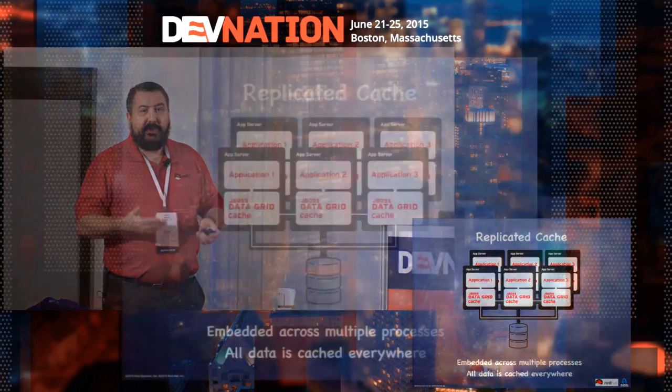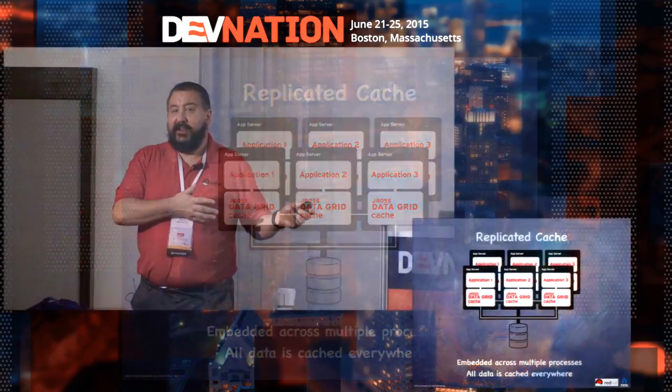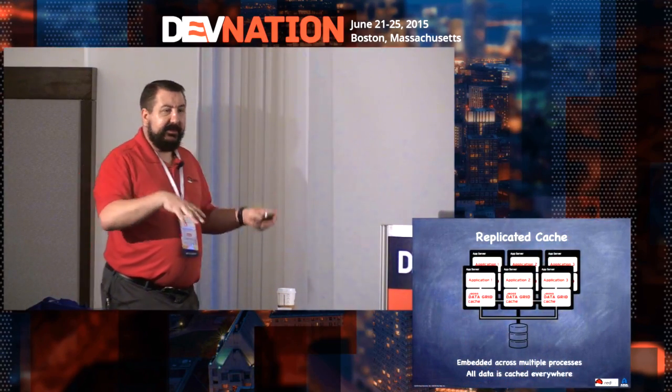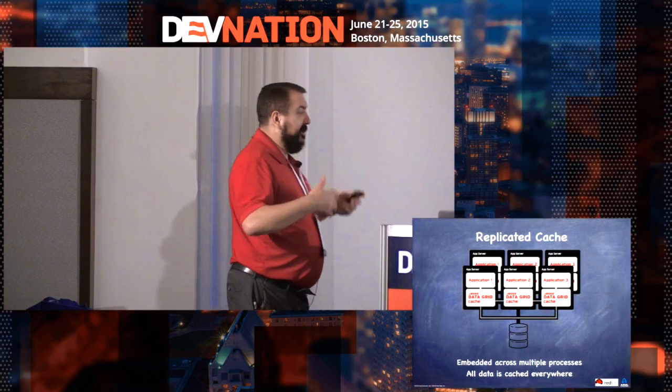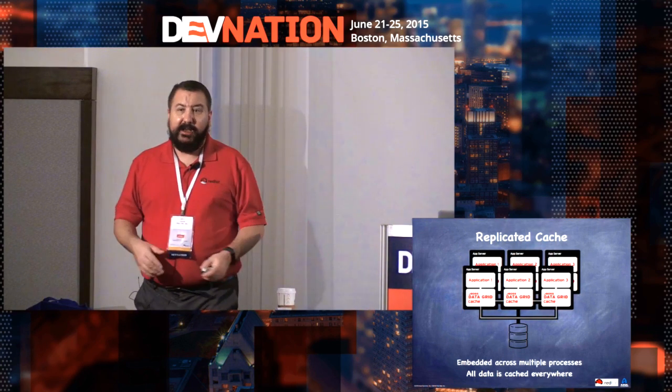If we go on and look at another architecture that we can deploy, this would be a replicated cache. The idea with a replicated cache is I'm moving multiple copies and keeping them close to perhaps the point of consumption, so that if I have, say, high volume reads, this is an excellent architecture to really cut down on latency, and also to provide redundancy because I have multiple copies now.